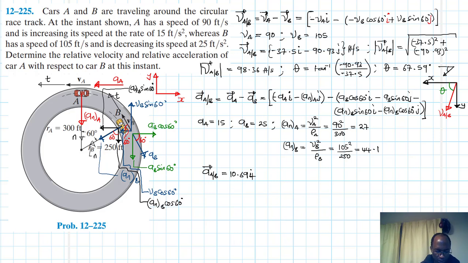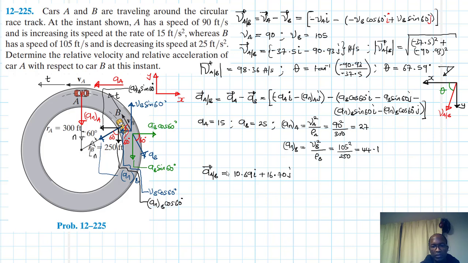So we get plus 16.70 j. Let me repeat this once more: minus 27 plus 25 sine 60 plus 44.1 cos 60.